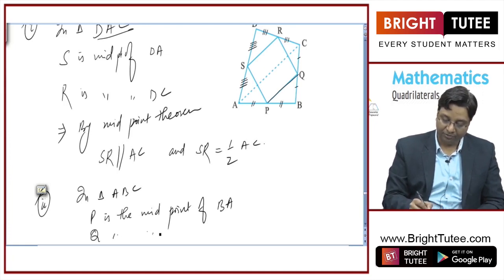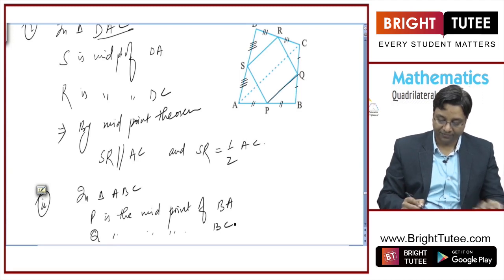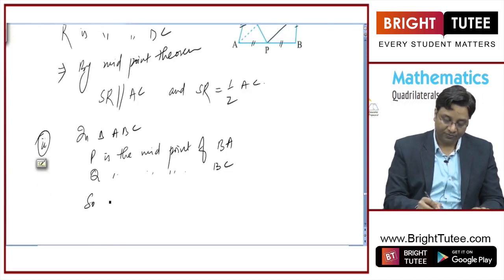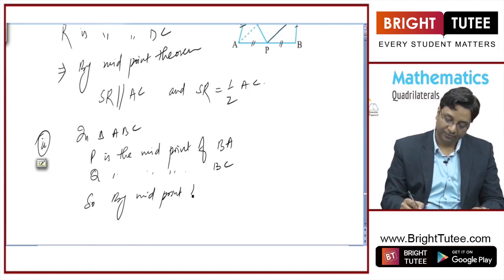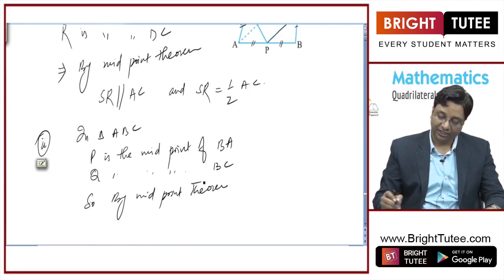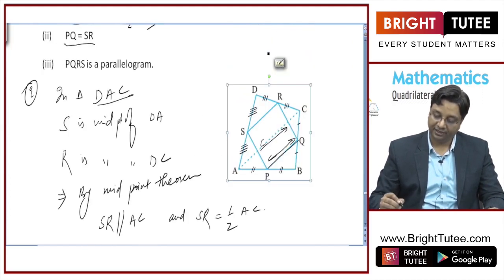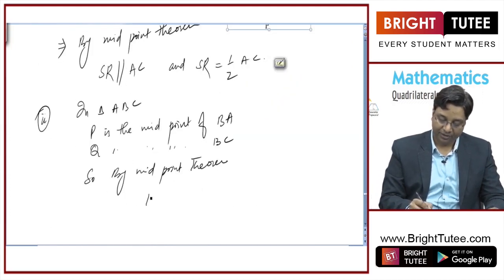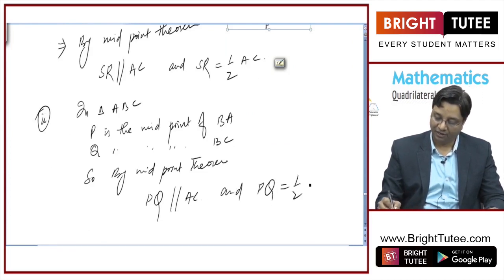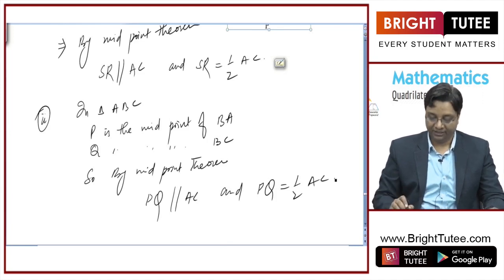Q is the midpoint of BC. So by the midpoint theorem, what can I say about PQ and this side AC here? PQ will be parallel to AC and PQ will be half of AC, right?